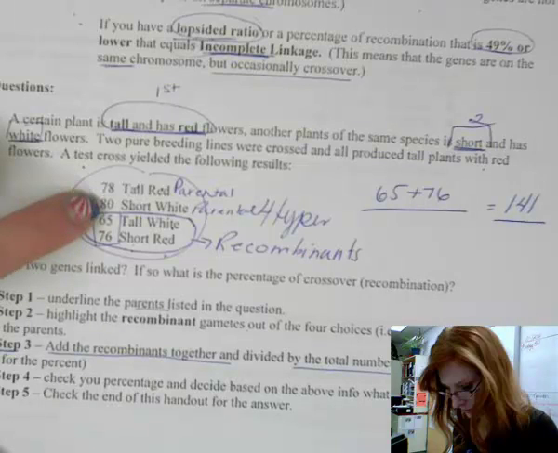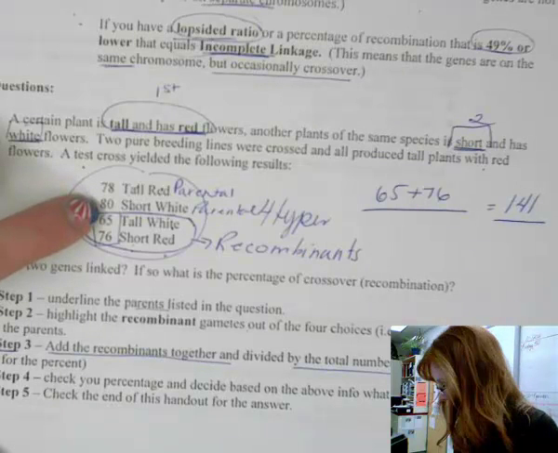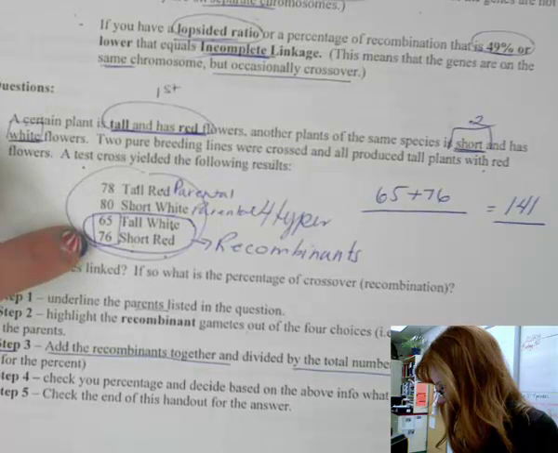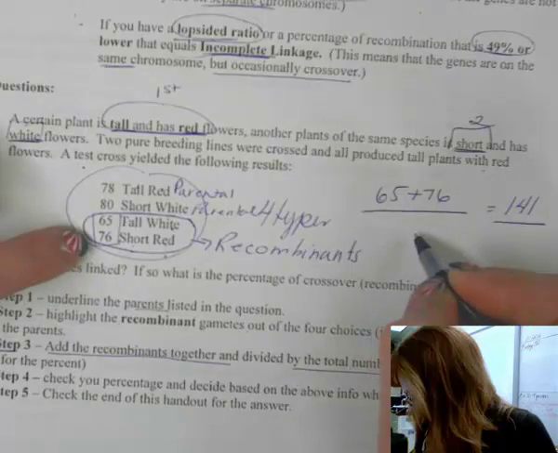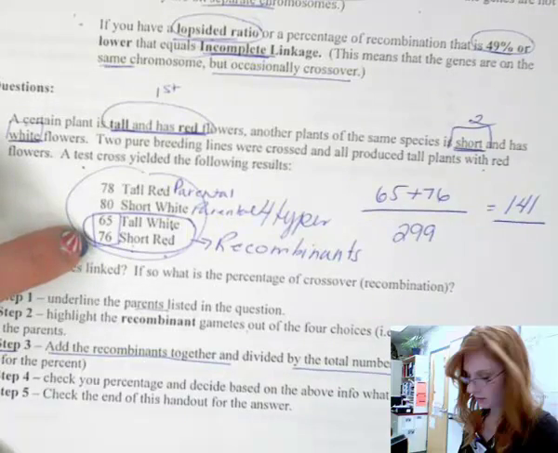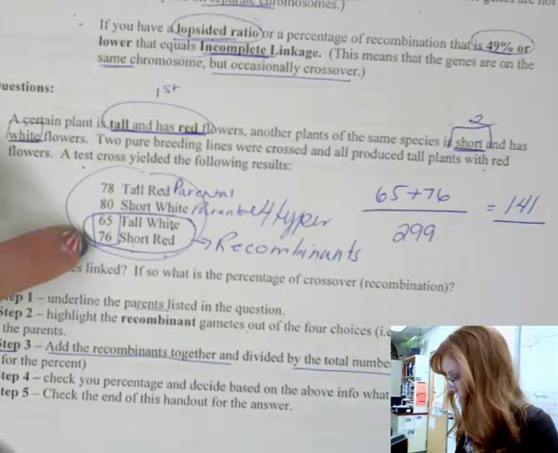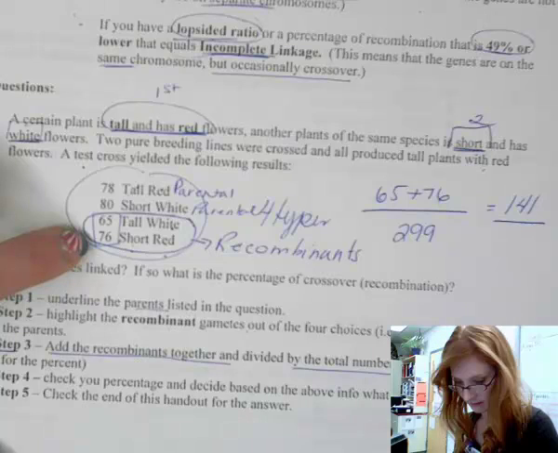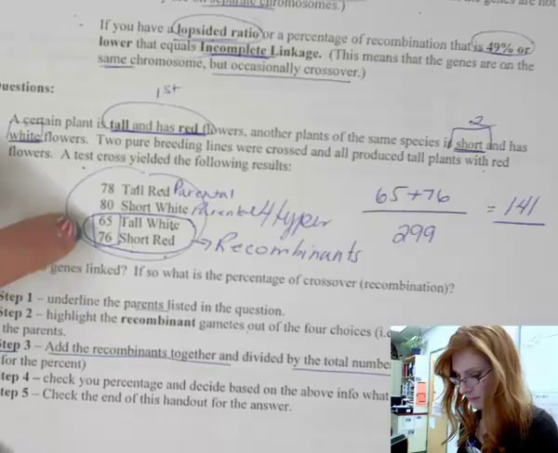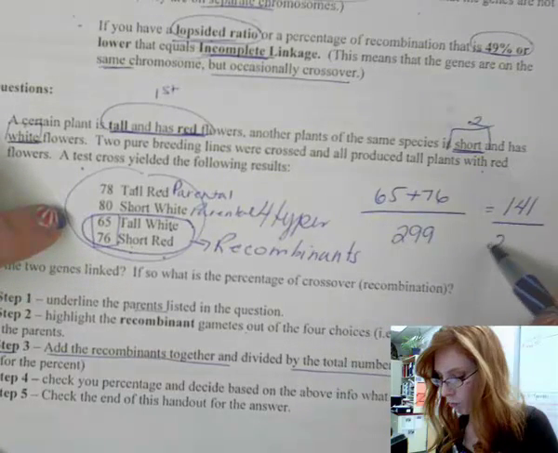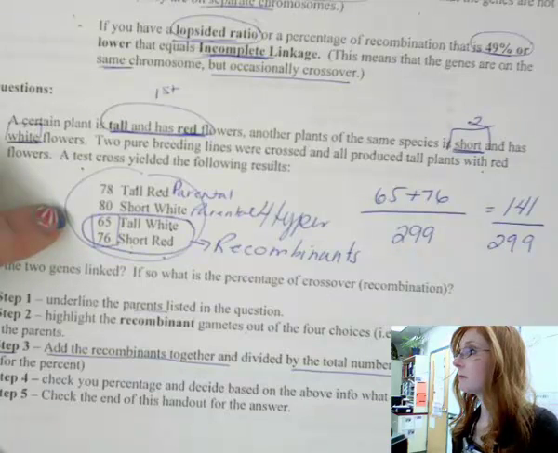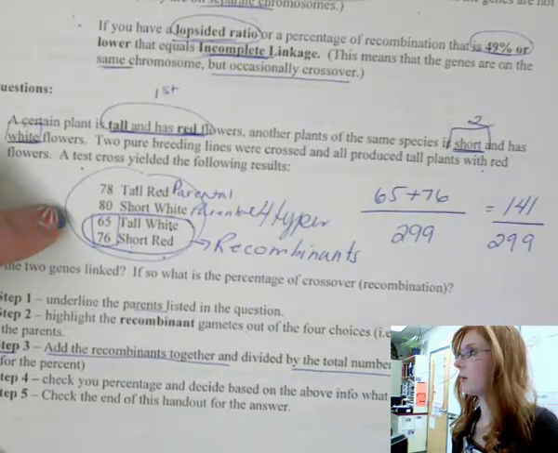And I just need some people to double check with me to make sure I've entered everything in right. Okay, is the total 299? Did I add that correctly? So we have 141 over 299, is that correct? Sounds right, or we know for sure it's right?